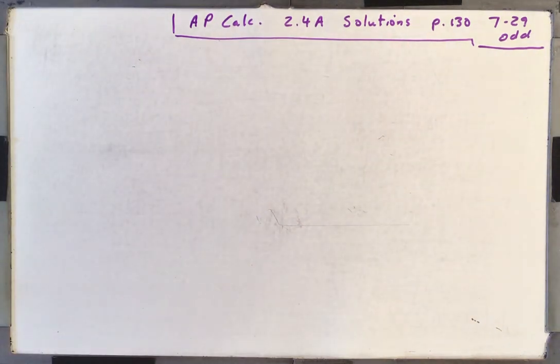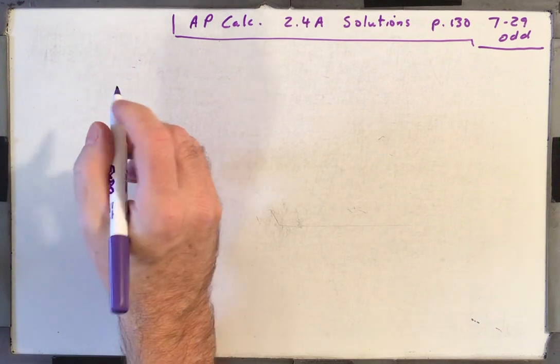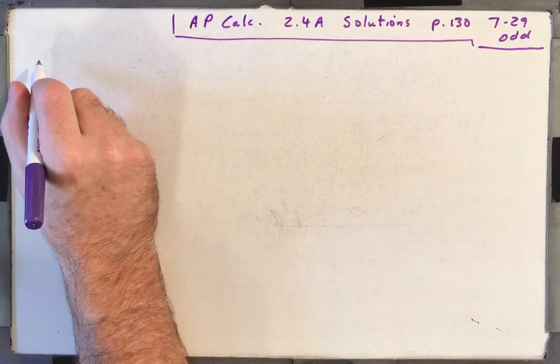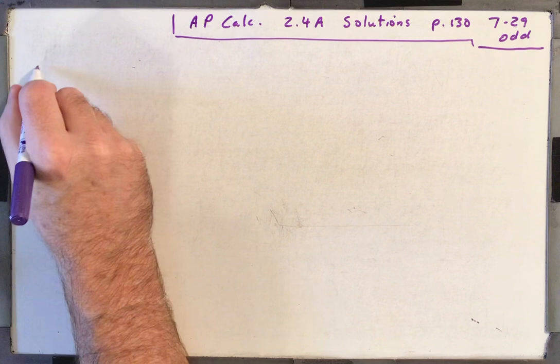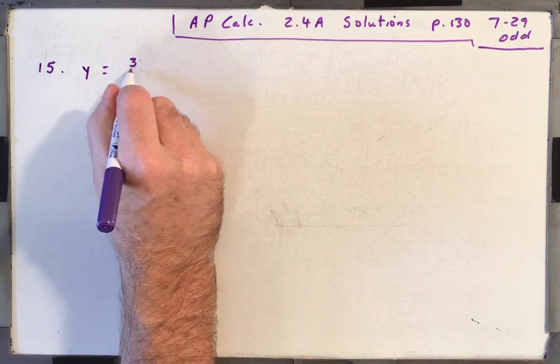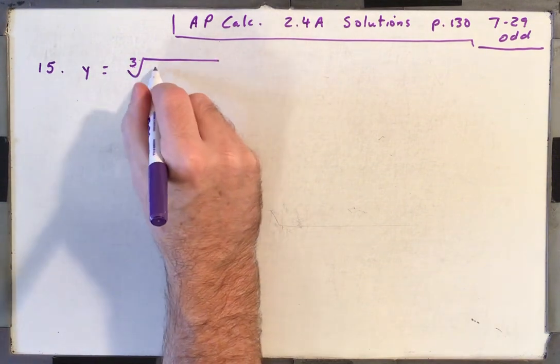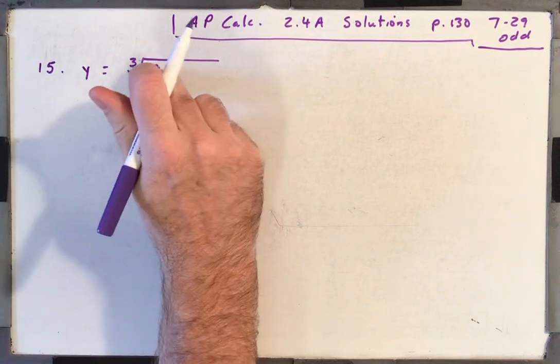Okay, number 15, excuse me. So 15 is y is equal to the cube root of 9x squared plus 4.